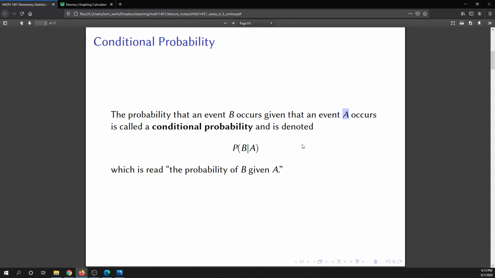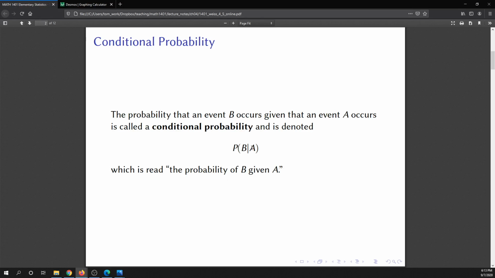You're calculating the probability of an event given that some other event has already occurred. The symbol that we're going to use for conditional probability is this vertical line that separates those two events. So this symbol down here would be the probability of B given A, is how that's read.